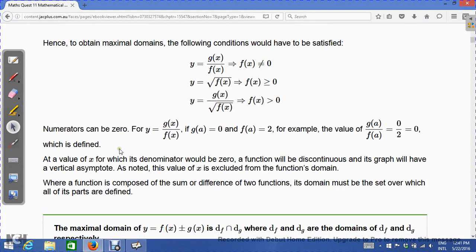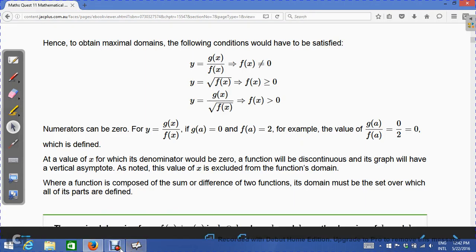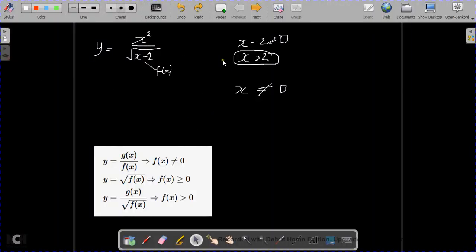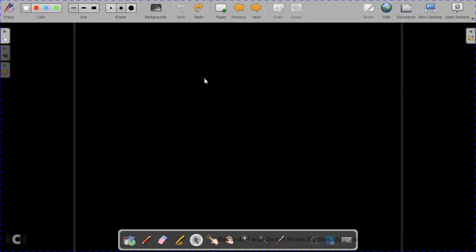Numerators can be 0. For example, for the first one, g of x over f of x, if g of a, or whatever it is, is equal to 0, then we get the example where it is defined. Just as a bit of an example, we've got g of x over f of x.